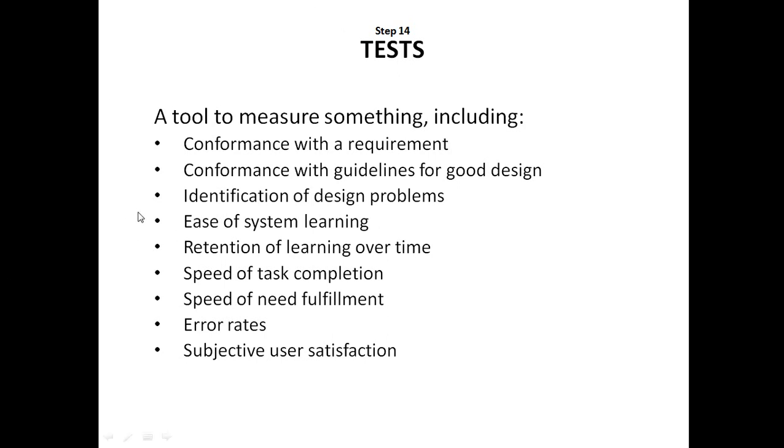A test is a tool that is used to measure something, and that something may include a number of areas: conformance with a requirement, conformance with guidelines for a good design, identification of design problems, ease of system learning, retention of learning over time, speed of task completion, speed of need fulfillment, error rates, and subjective user satisfaction.